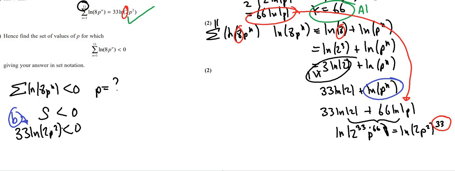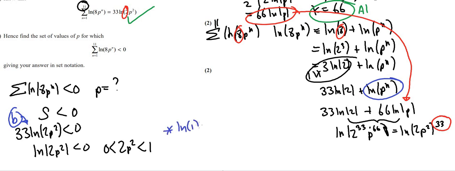If that's less than 0, and 33 times anything is less than 0, then this part must be less than 0. Now remember, this is a log. So 2p squared has to be more than 0, because it's a log, and it has to be less than 1, because log of 1 equals 0. Remember your log curves.